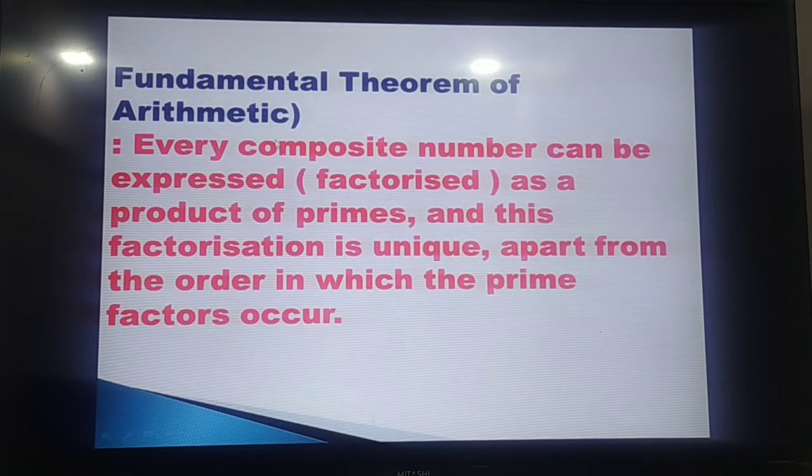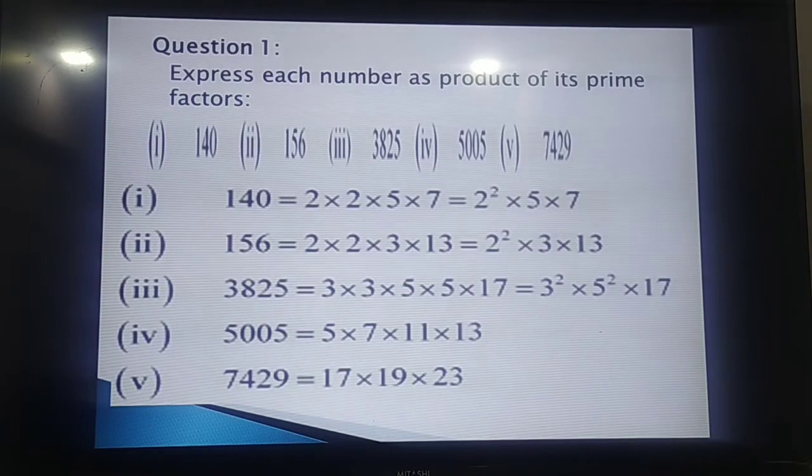So what does the fundamental theorem of arithmetic say? Every composite number can be uniquely expressed as a product of primes. The order of prime factors can be changed. Let us see this. 140 can be factorized as 2 into 2 into 5 into 7.